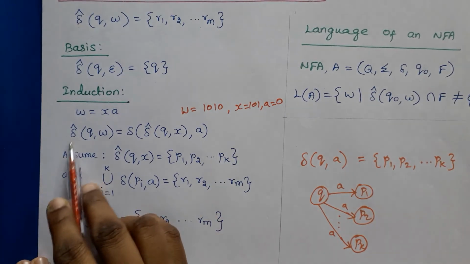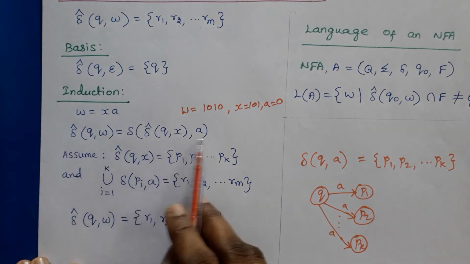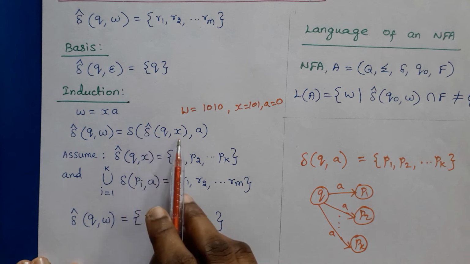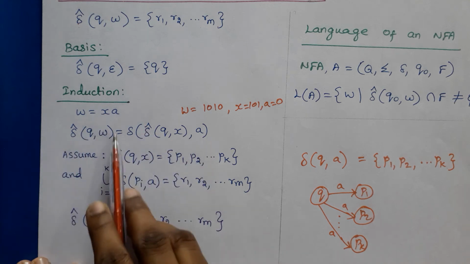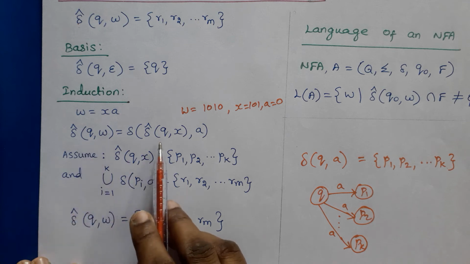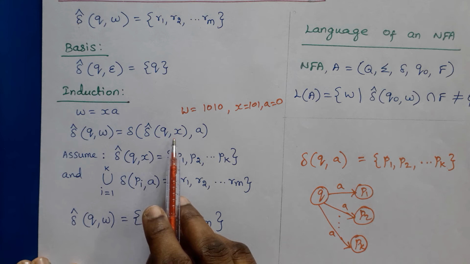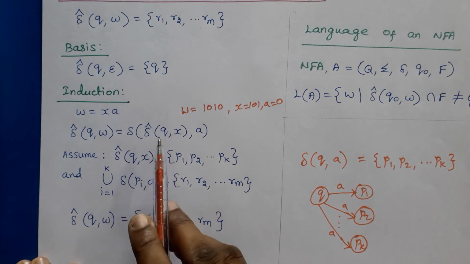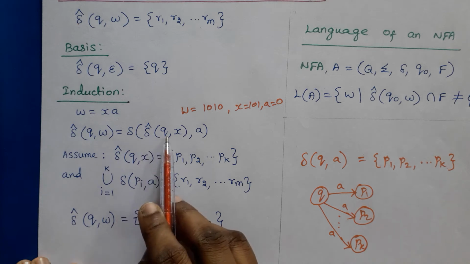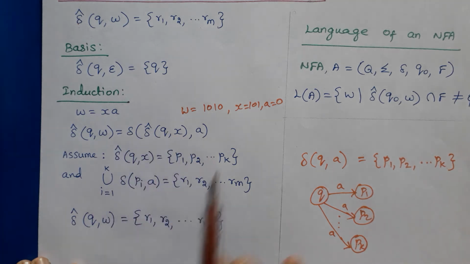In order to find delta cap of q comma w, we have to write like this: delta cap of q comma x comma a. That is, first we need to find delta cap of q comma x. x means all symbols of w except the final one. Then we have to substitute that result here, and then find the delta of that result comma a.